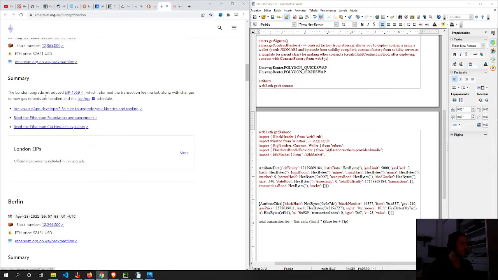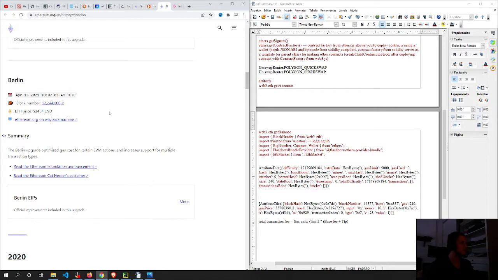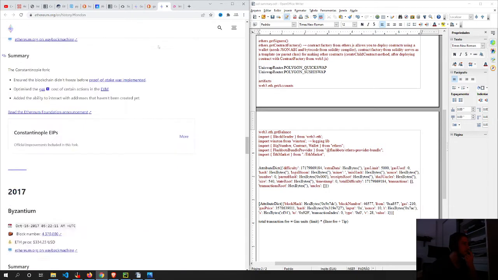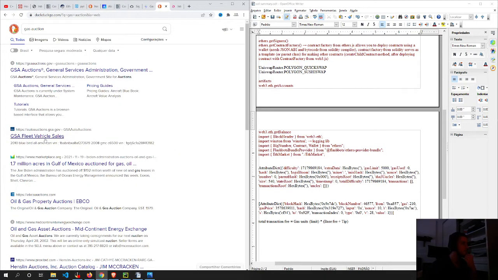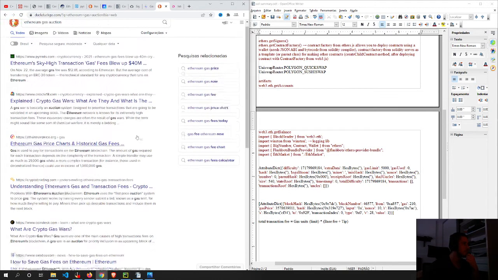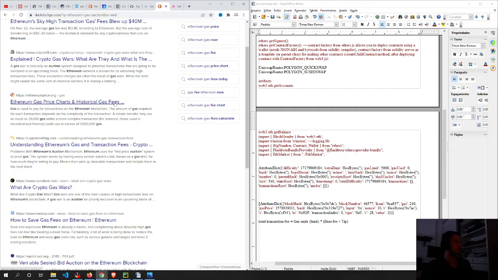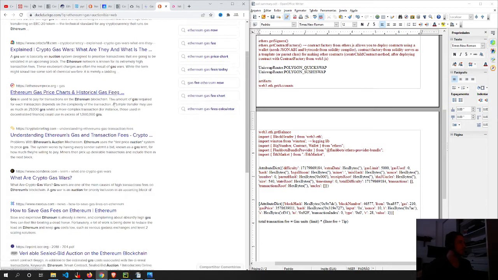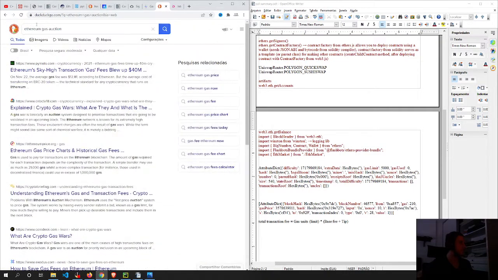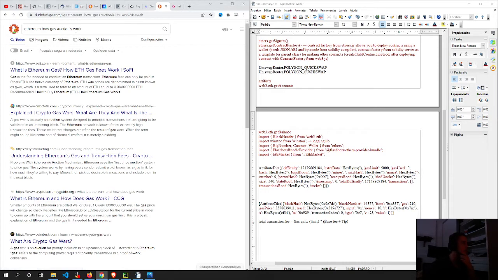And this doesn't have a lot of things. Maybe in the official documentation I can find information about that.